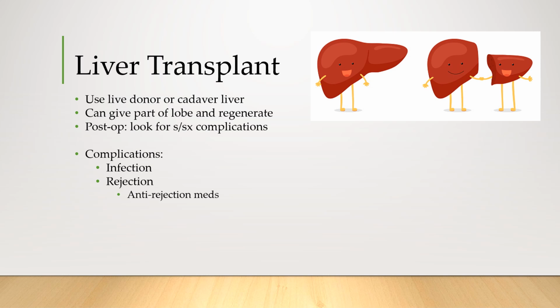A lot of complications with the liver aspect. We have a lot of clotting issues, infection issues, rejection issues. You're going to see that with a great deal of different organ transplants. But we are going to be doing close assessments on a liver transplant because we don't typically see a vital sign shift if the new liver starts to reject.